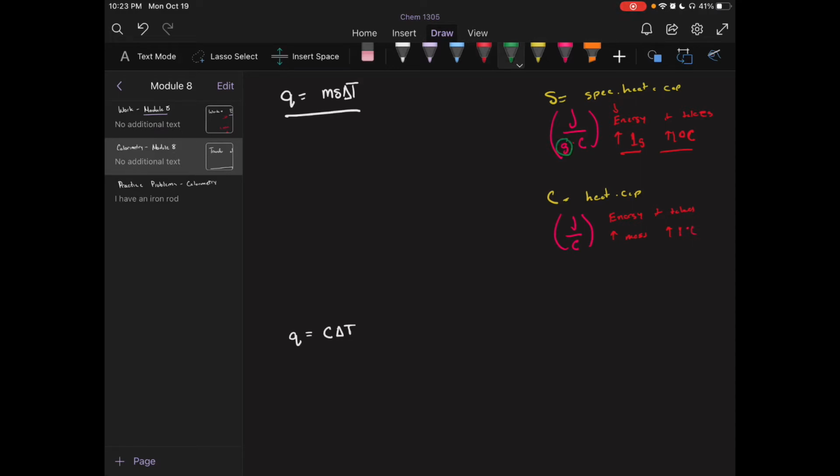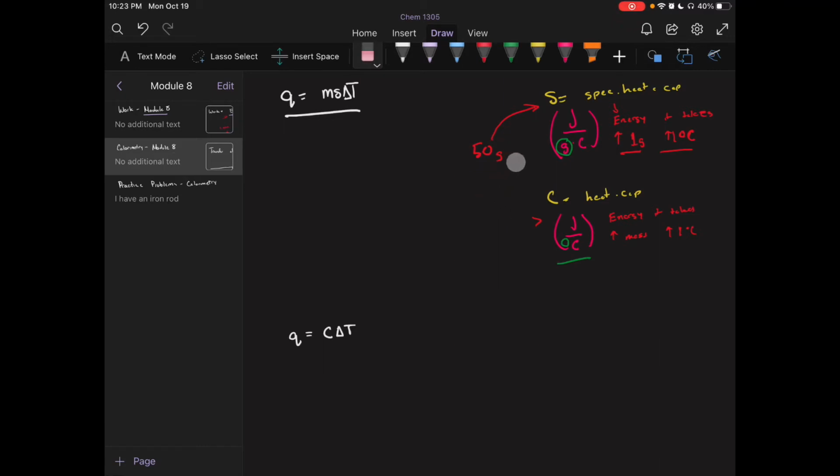And if you'll notice right here, we have grams, so the mass is already incorporated within these units. Say we have 50 grams of a substance. The specific heat capacity is involved directly within the substance, and the heat capacity varies depending on how much substance you have.